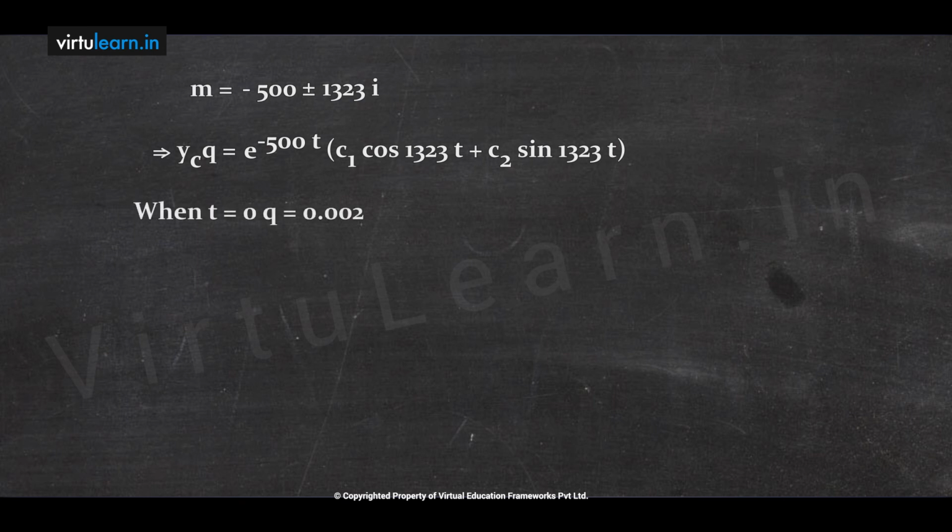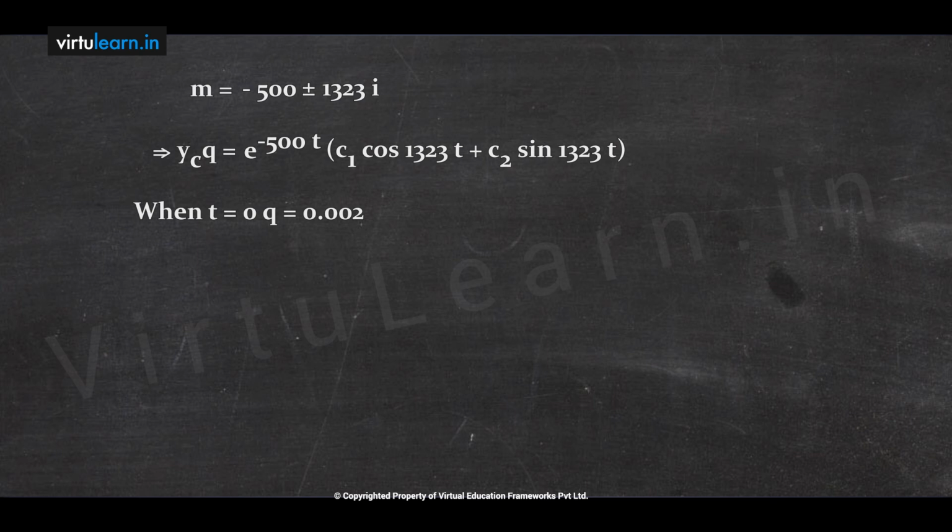According to that, the independent variable is t and the dependent variable is q. So q equals e power minus 500t into c1 cos 1323t plus c2 sin 1323t. Now this is actually the general solution.